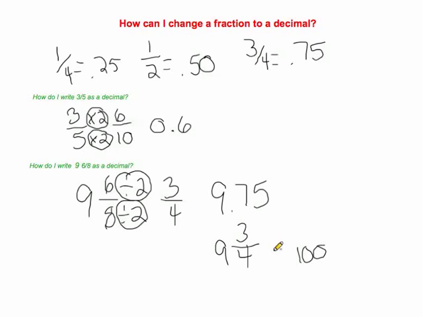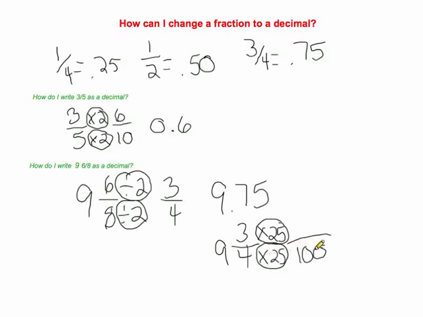If I had 4 quarters, that would go into 100. So I'm going to times this 4 by 25. That's going to get me 100. So if I times the bottom, the denominator, by 25, I know that I have to times the numerator by 25.